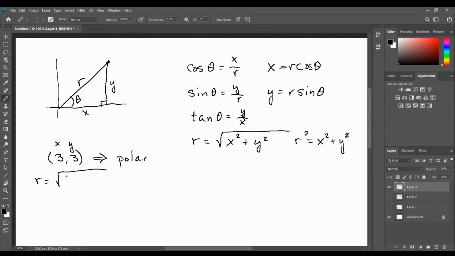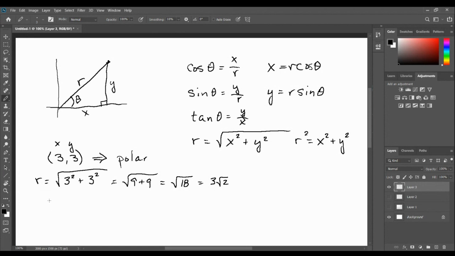That would be the square root of the sum of the squares. So this would be the square root of 9 plus 9, which is the square root of 18. Well, that's like 3 root 2. So I know what r is. I need to figure out theta.